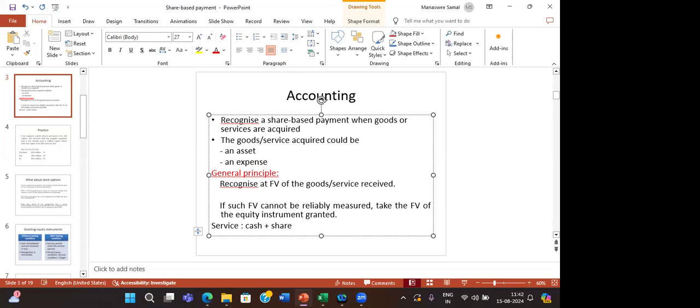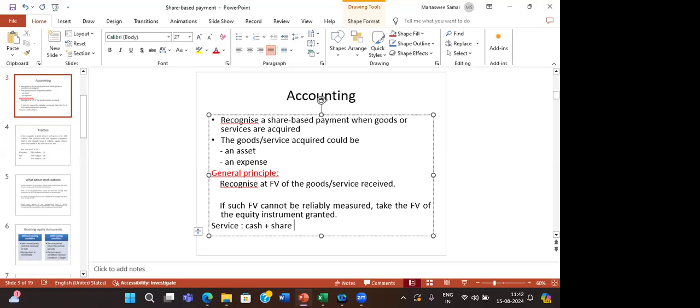Since you cannot have a reliable measurement, it's not possible. So you will use arbitrary judgment to say, okay, for 60% or 70% of the service the employee is rendering, I have given cash compensation.